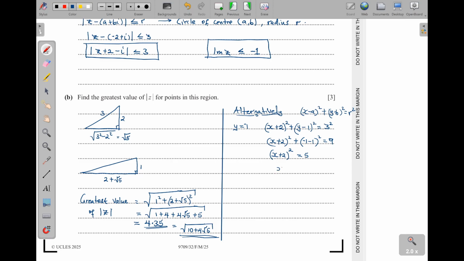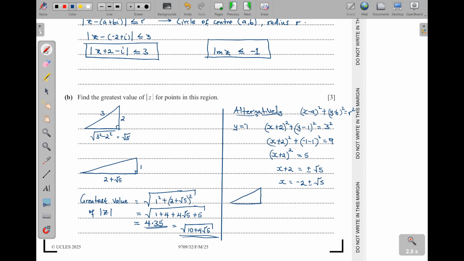Then take the square root on both sides, so you will get x plus 2, which is equal to plus or minus the root of 5. Remember, when you take the square root, you get plus or minus, and then you take the 2 the other side, it will be negative 2, then plus or minus the root of 5. You see? Now, when you look at that triangle, there are two x values.